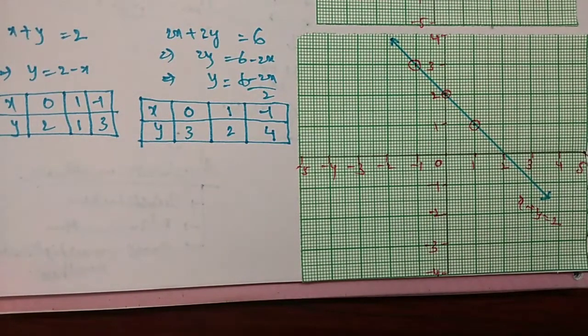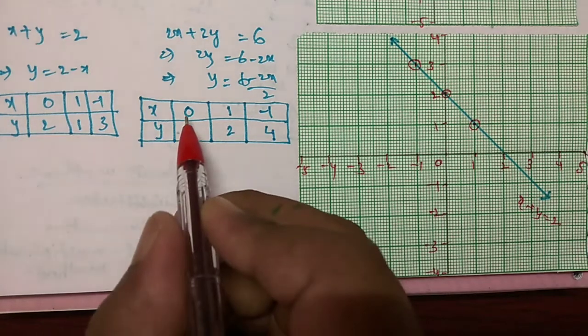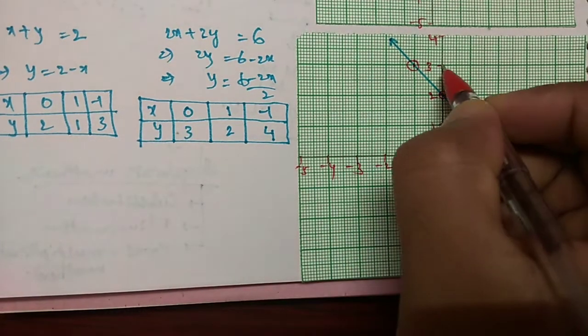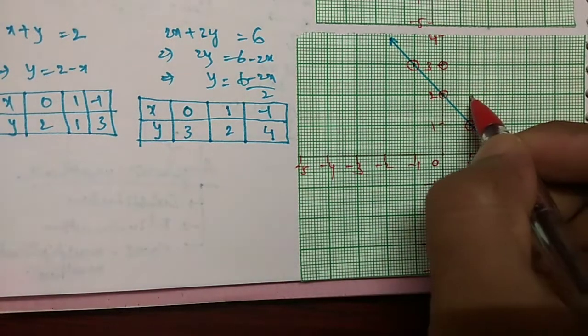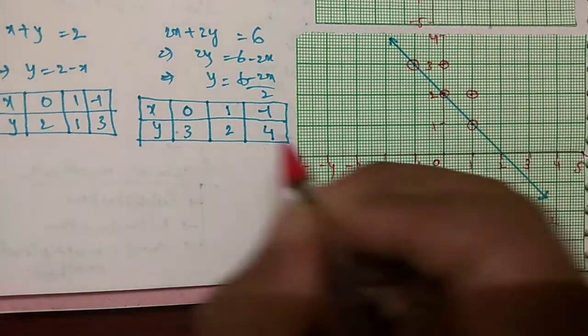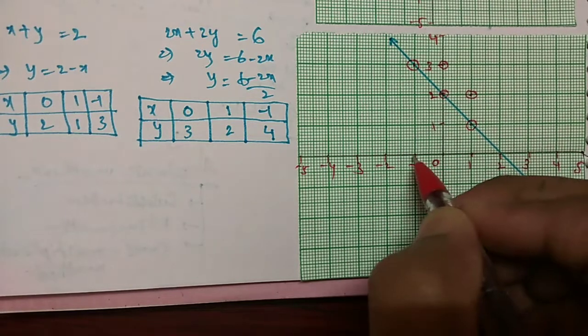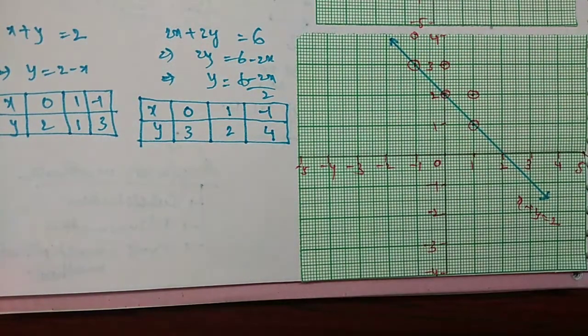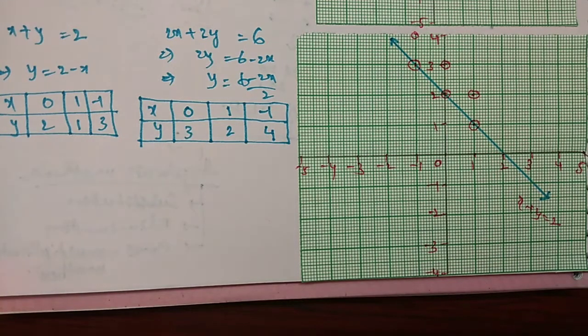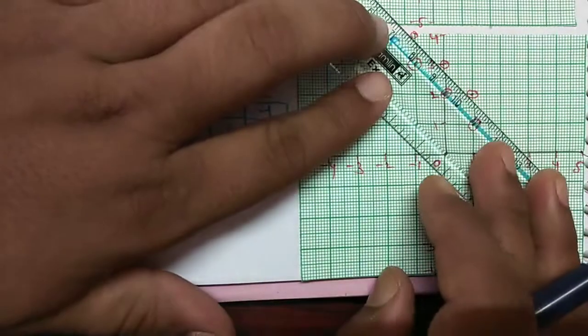So let us plot the points of the second linear equation. This is 0, 3; 1, 2; minus 1, 4. Let us join these points using the scale.